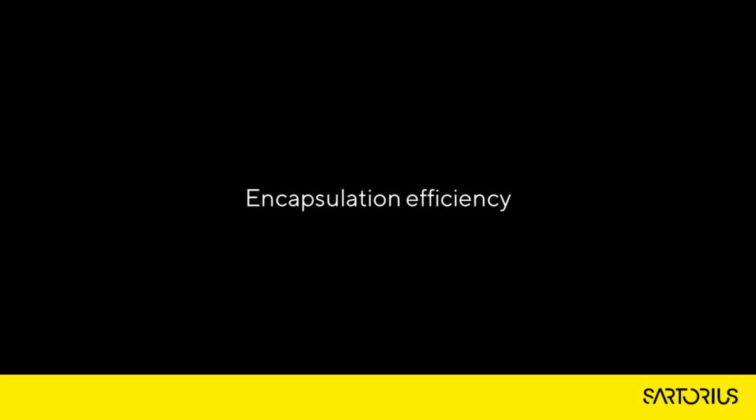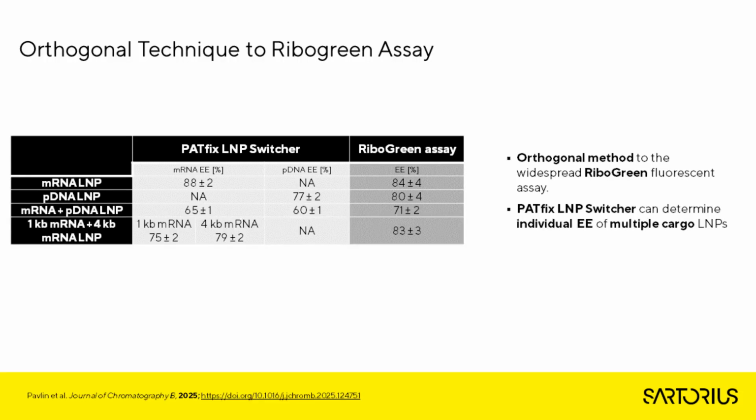Okay, let's go now to the individual parameters which can be determined using this system setup. First, I want to talk about encapsulation efficiency. This system can be used orthogonally to the usually used technique for encapsulation efficiency determination, and that's the RiboGreen assay.